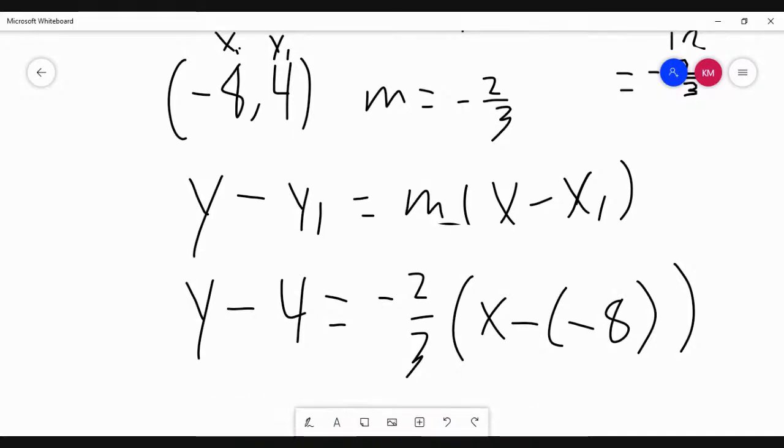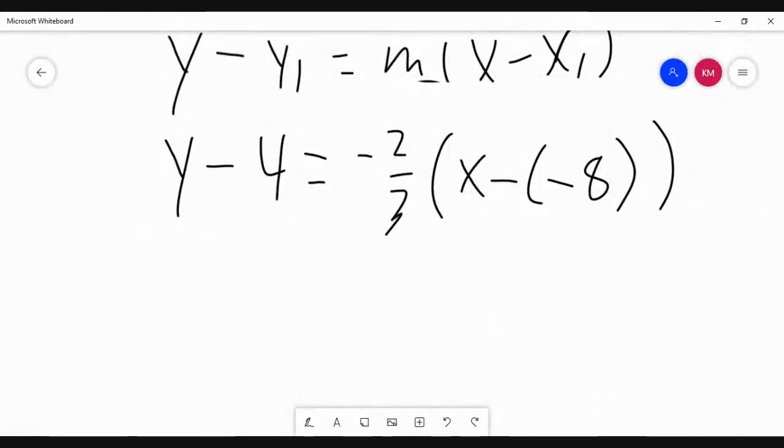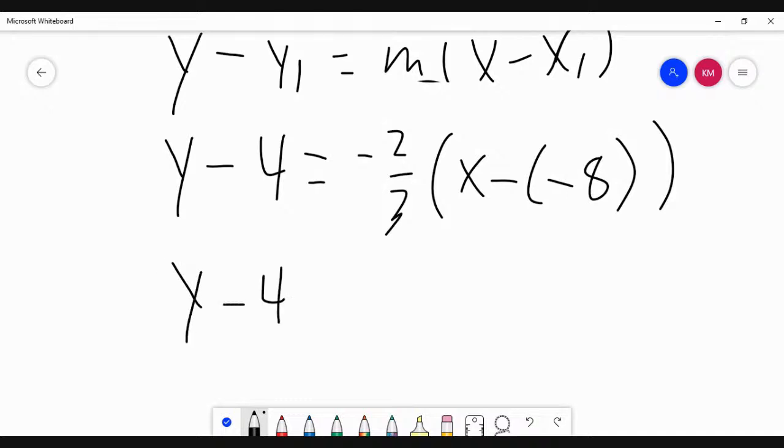So now, I still bring down my y, minus 4, and that equals negative 2/3 x, and the minus minus becomes a plus 8, and you close the parenthesis.